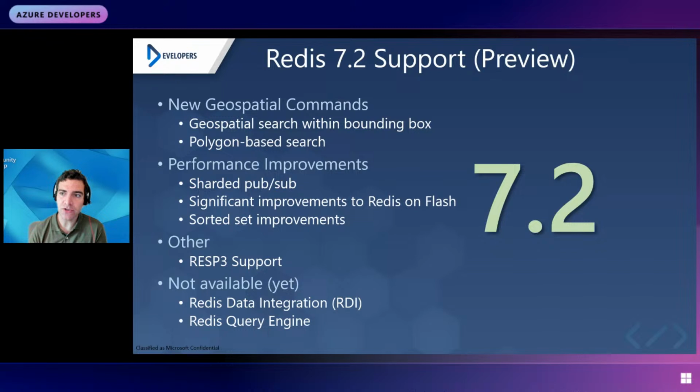And then one other thing to mention is that with 7.2, we're rolling out support for the Redis Protocol 3. It's called RESP 3. That likely won't affect your application right now, but is great for the future. It's all backwards compatible with the former protocol, which is called RESP 2, but RESP 3 gives you access to much richer data types that can be returned.